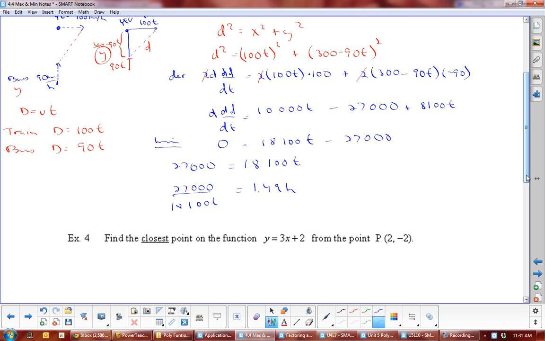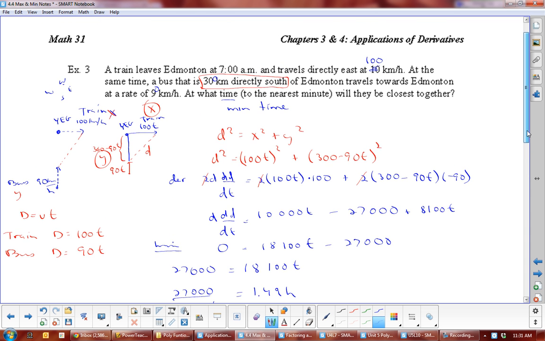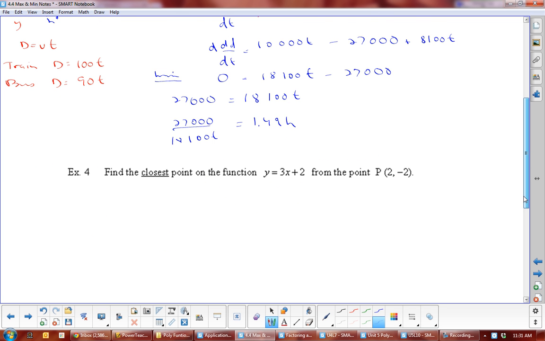Now, they wanted to know to the nearest minute. So it's not 1 hour and 49 minutes. That's 1.5 hours, basically. So with 1.49, you want to take this and multiply by 60, and it works out to be 1 hour, 29 minutes.